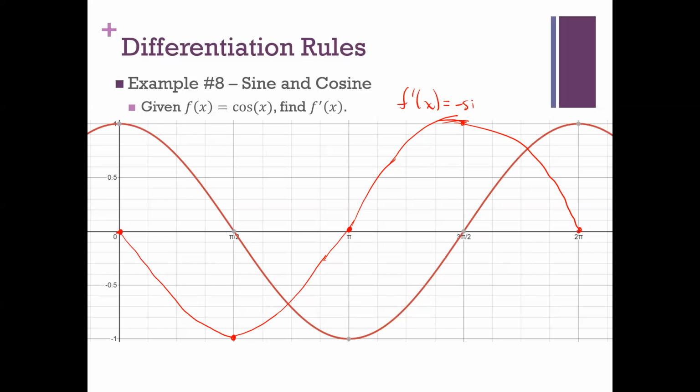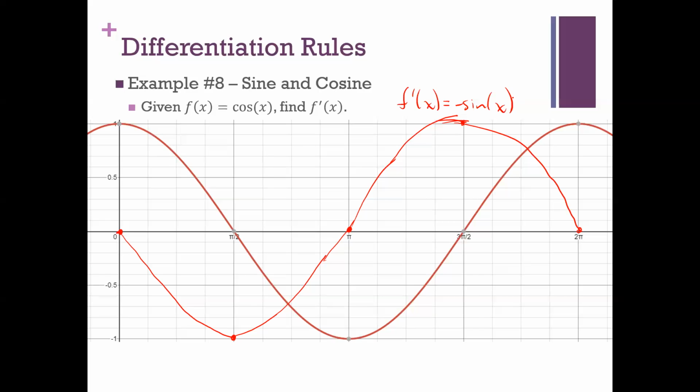Negative sine of x. So the derivative of sine of x is cosine of x. The derivative of cosine of x is negative sine of x. What's the derivative of negative sine of x? Negative cosine of x. And you just kind of continue on and on.